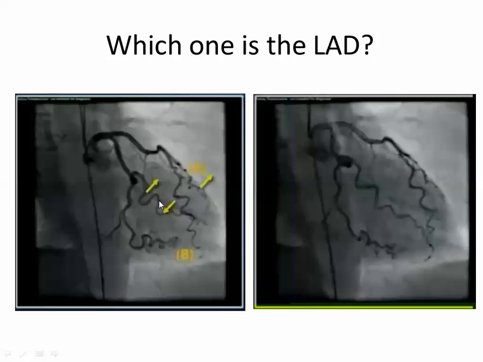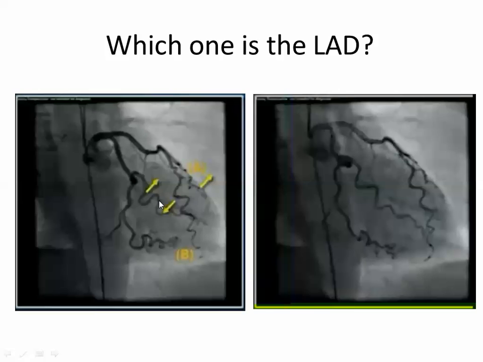If you have a patient with acute coronary syndrome, anterior STEMI, with a large diagonal, and for the first time you take one view, the RAO view, you may say this is the LAD reaching the apex and supplying the anterior wall, with no abnormality.